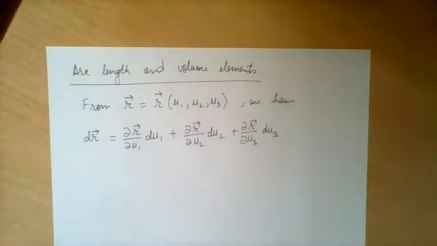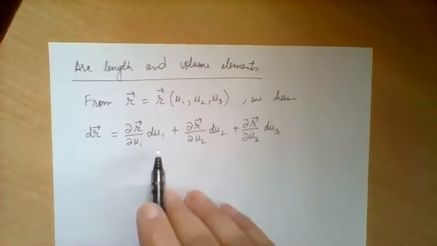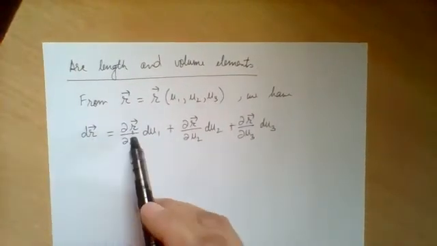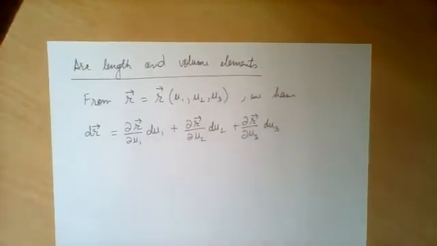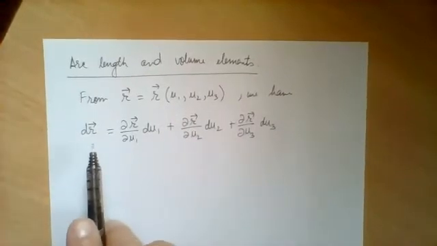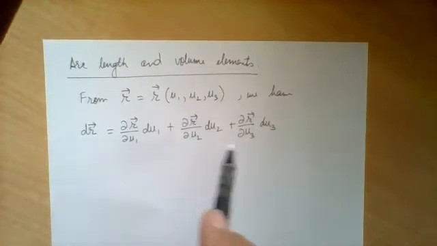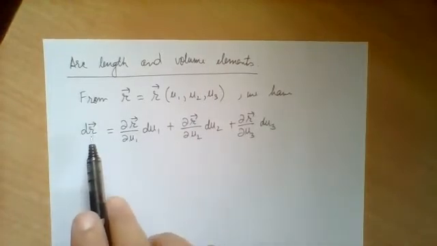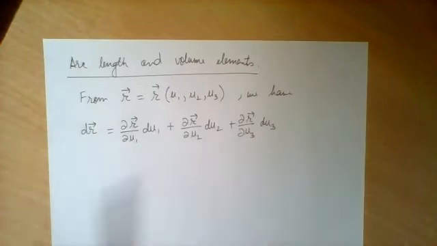The only difference is that here R is a vector. It is the same formula for the total differential of a function which depends upon many variables. The only thing is that instead of f we have a vector quantity R.